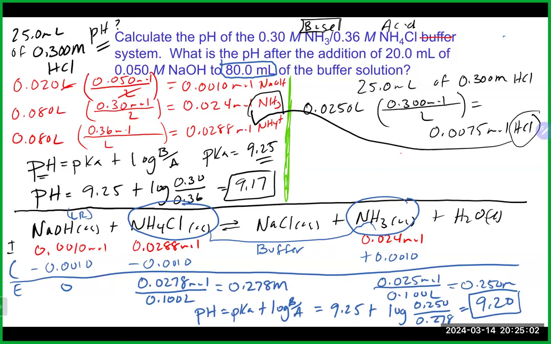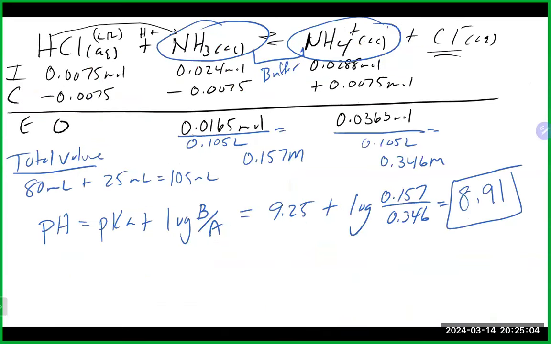We then took our same 9.17 buffer and added some strong acid to it, dropped down to 8.9, a little bit more of a jump, but still not a tremendously giant jump in pH, but also moved in the correct direction, right? It went down because we added acid. So again, if you did this calculation and went above 9.17 by adding acid, something is definitely wrong with your calculation. You're going in the wrong direction.